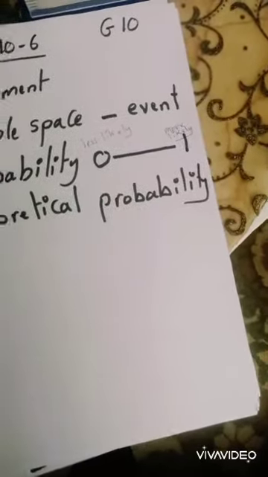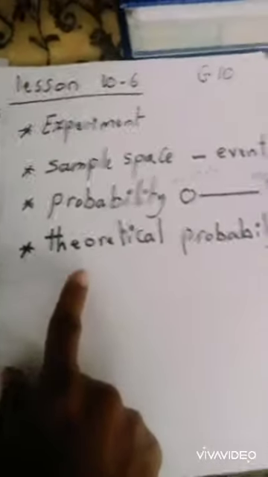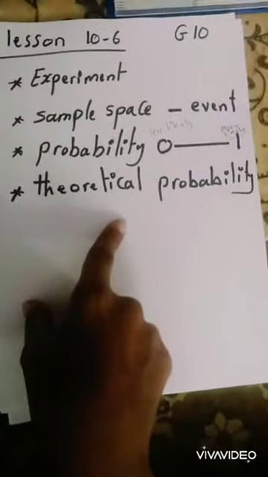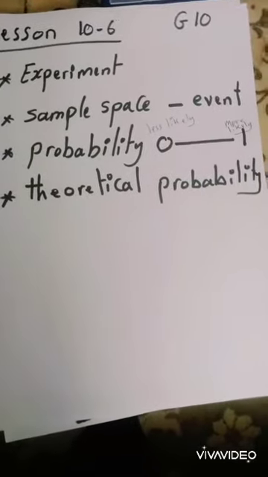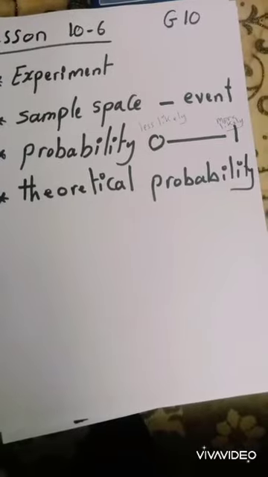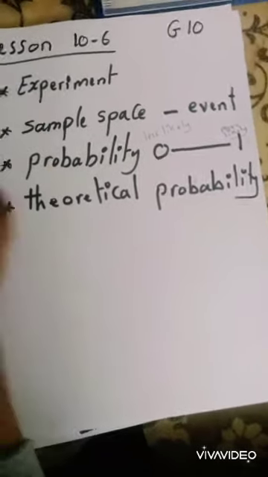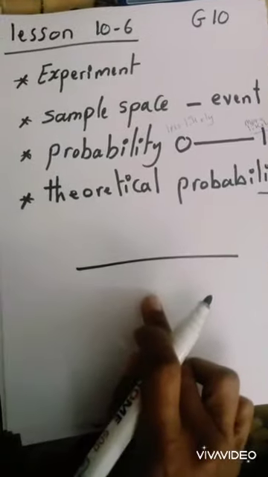Now, what is the theoretical probability? The theoretical probability of an event is a ratio. A ratio means number over number.